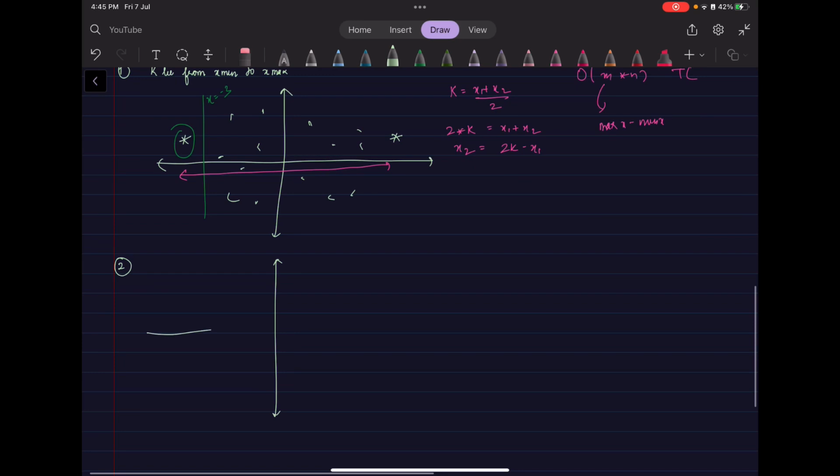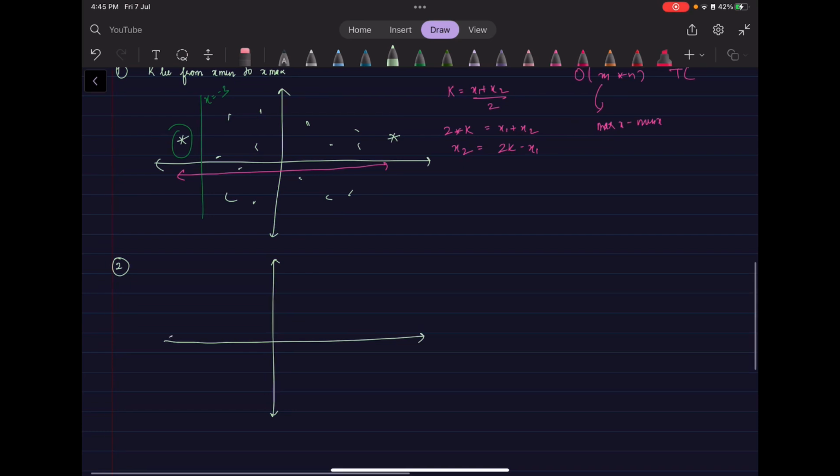I told one more thing in the beginning or in the middle, that for a min x, only a max x can be a mirror image. If that's true, then we can directly find k, which is nothing but min x plus max x by 2.